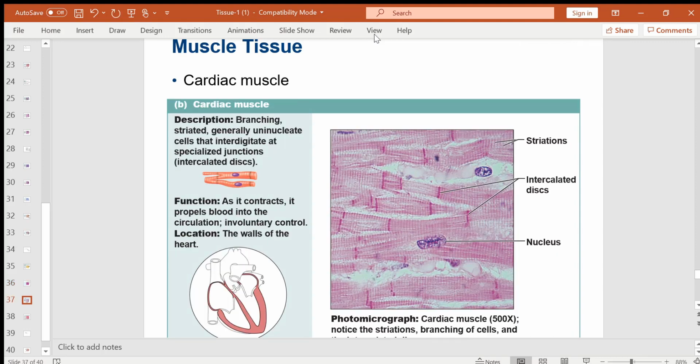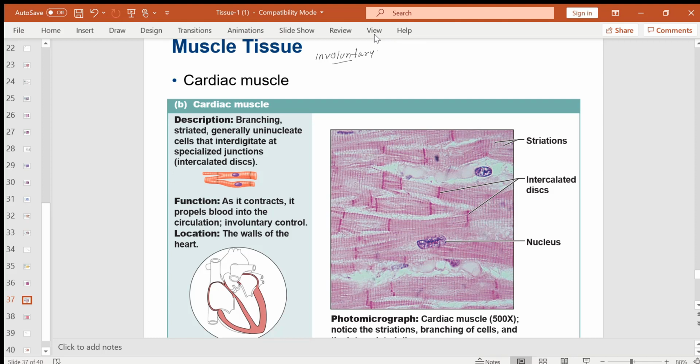Cardiac muscle tissue is very highly specialized muscle tissue, only present in the heart, wall of the heart. And cardiac muscle tissue is involuntary. You cannot control it. It works by itself, right?